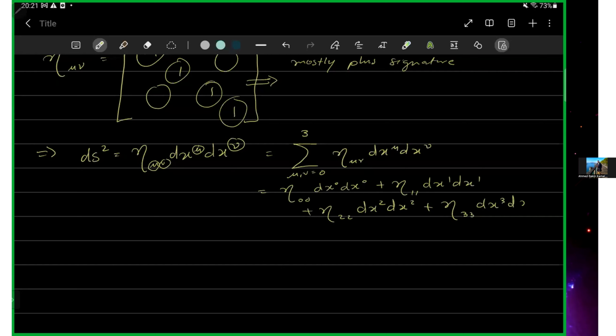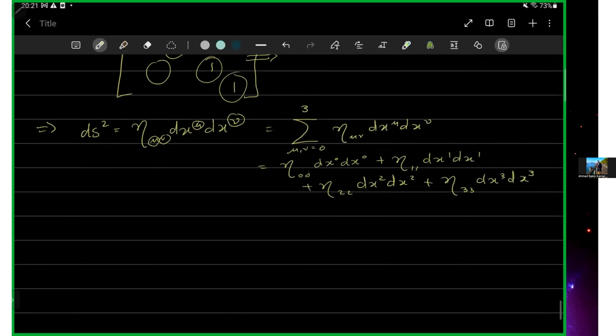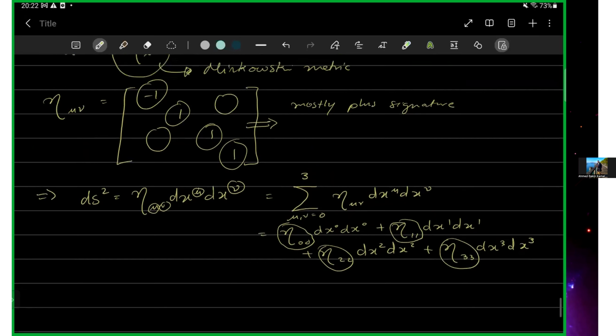Now, can you tell me why I've only taken 0 0, 1 1, 2 2, and 3 3, and not the other permutations? Because I can have permutations, right? Because mu and nu run from 0, 1 to 3. But can you tell me why I only used the indices that are equal to each other? Yes, exactly.